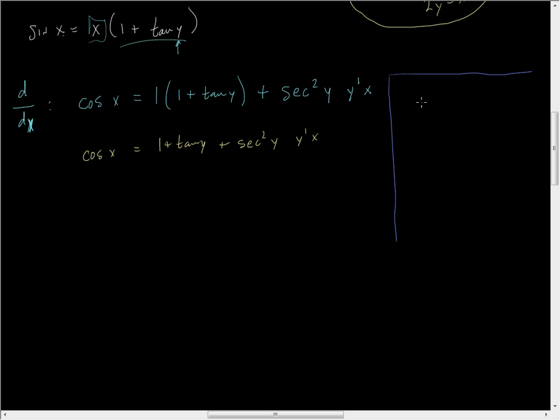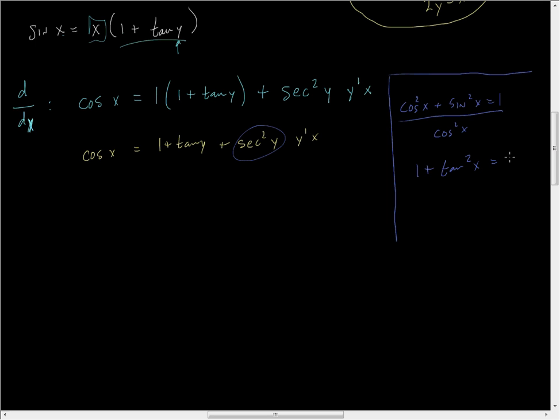But I do know that cosine squared x plus sine squared x is equal to 1. And I'm looking for something for secant, so I want something 1 over cosine squared. So if I divide the whole mess by cosine squared x, I'm going to get 1 plus sine over cosine is tangent, so I'll get 1 plus tangent squared x is equal to 1 over cosine squared, which is secant squared x.